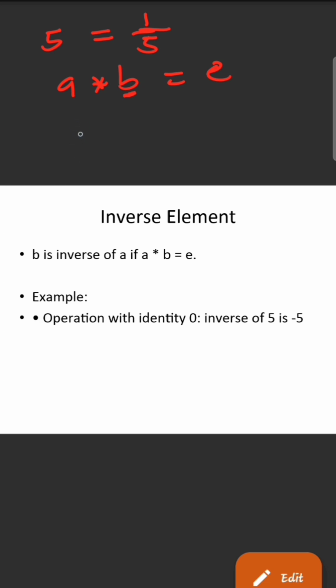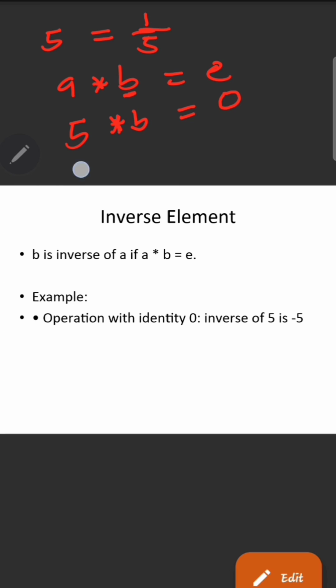So it means 5 operation B, where B is the inverse that we are looking for, is equal to the identity element, which is 0 for addition. That is if this one is defined on addition.